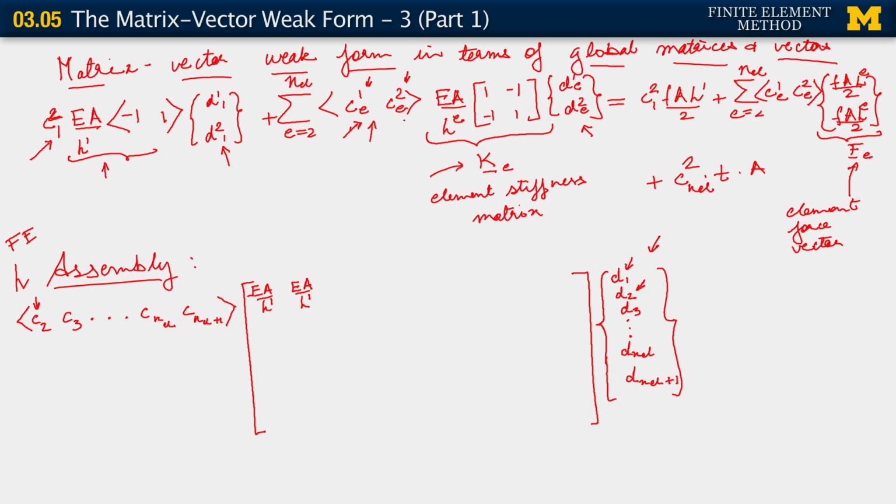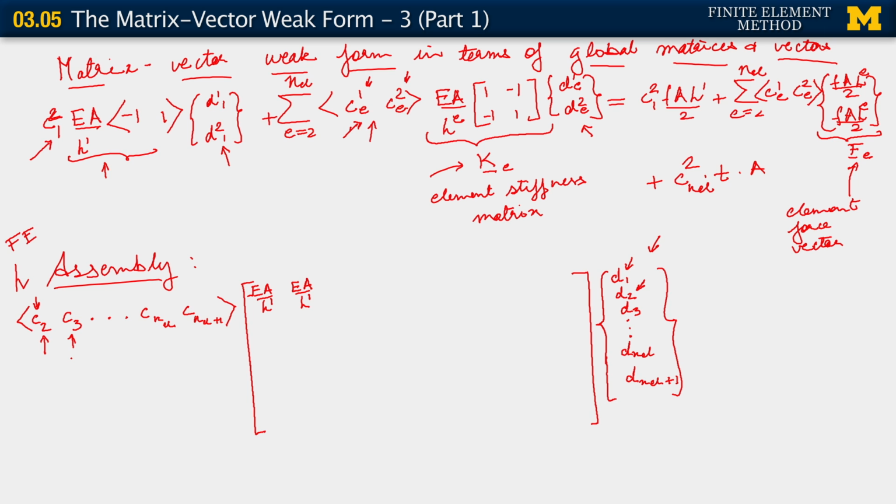And the local to global mapping of degree of freedom numbers would confirm for us that the contributions from element 2, as far as the degrees of freedom of the weighting function are concerned, would be C2 and C3.